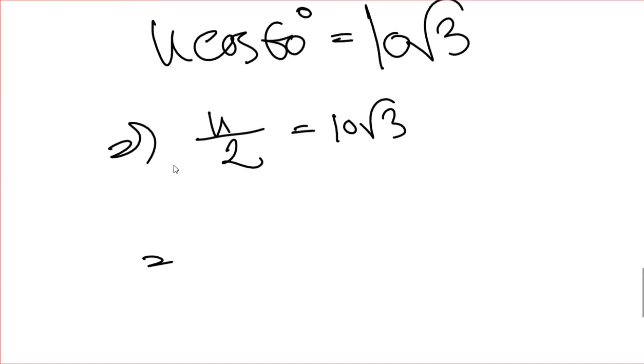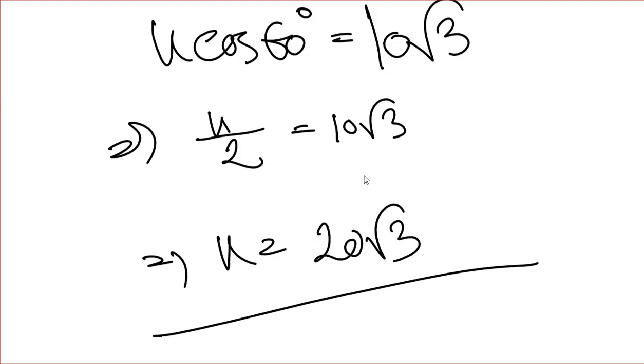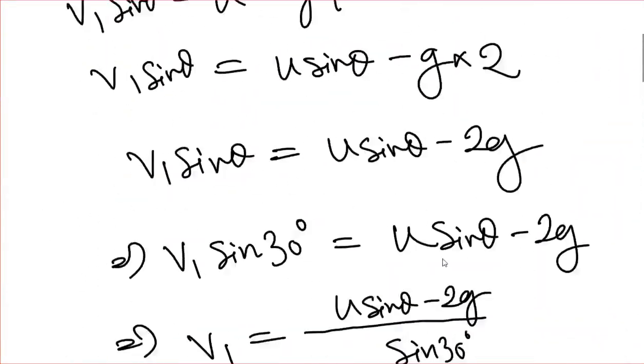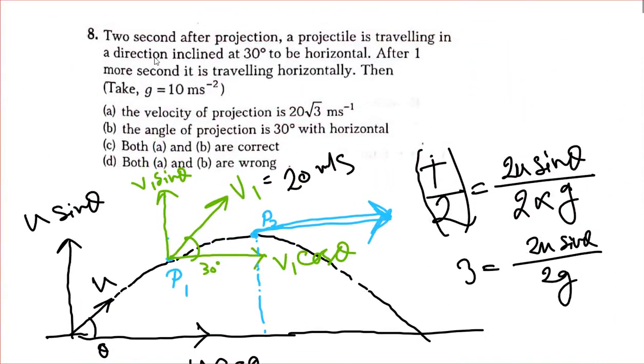So will be 20 root 3. So the value, initial velocity, what will be the initial velocity? So the initial velocity will be 20 root 3.